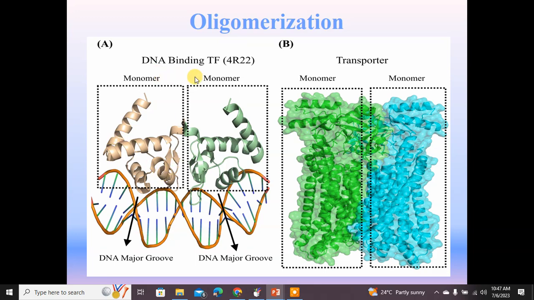For example, this is basically a regulatory protein, and actually it's a TF, transcription factor. So transcription factors are those proteins which are involved in the process of transcription. The 4R22 is actually the PDB ID.